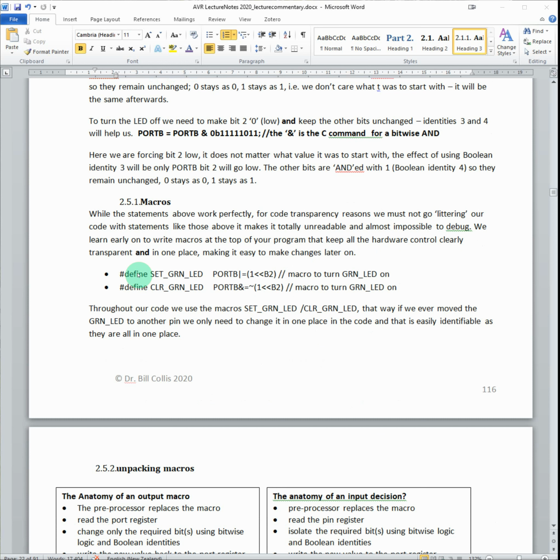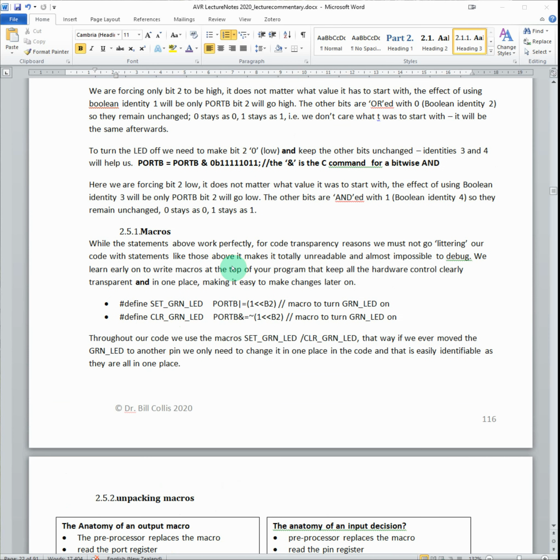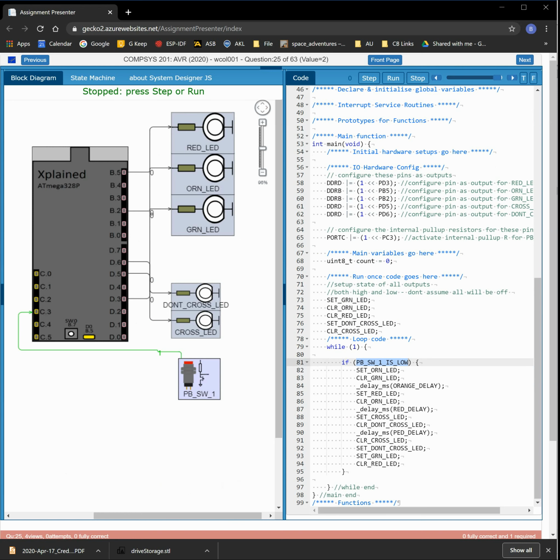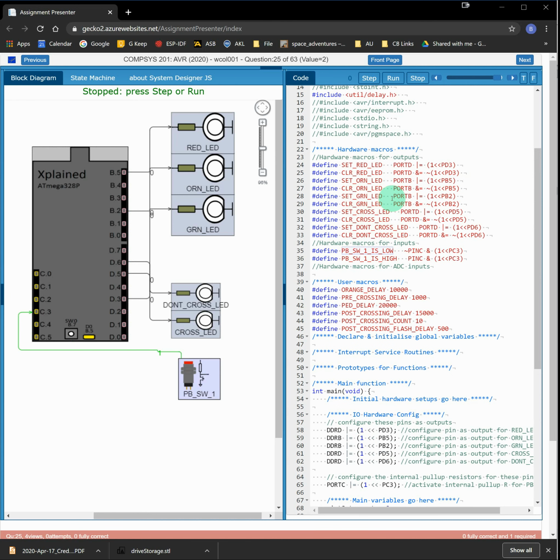So here's the macros for defining the green LED and defining the clear of the green LED, setting it and clearing it. And we use macros because it makes our code easier to understand. Imagine in your code, let's go back to this code, at some particular point you want to change an LED from one pin, say it's on B5, which is this orange LED is on B5, and you want to make it B4, then all you have to do is change it in one place in the code.